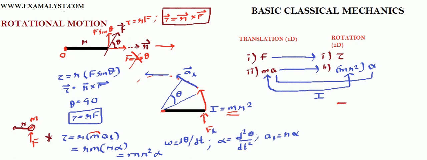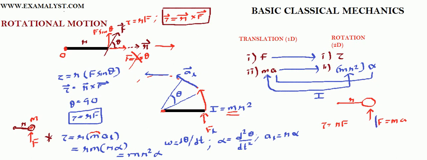If you have a massless thread, and an object that is a ball attached, and you apply a force on this ball, then what happens? The torque experienced by the ball is r F. Now what is the force on the ball? Force on the ball is F, and this force will create an acceleration in the ball, and this equals m a.